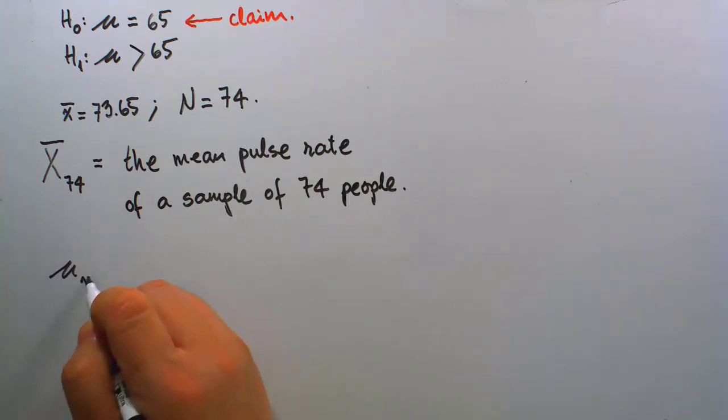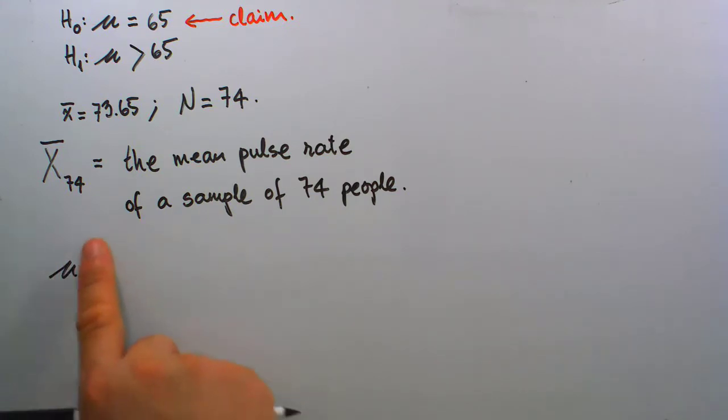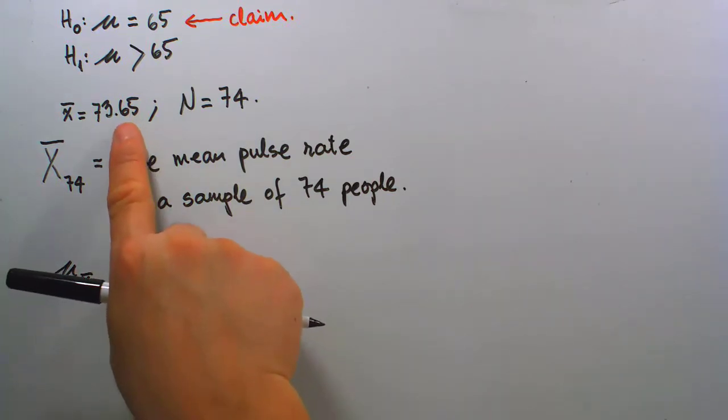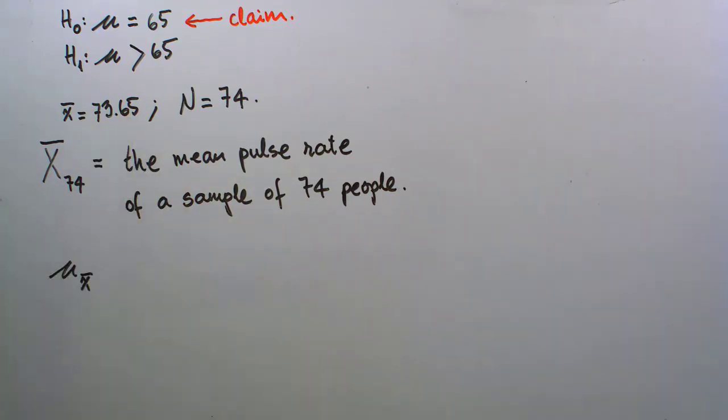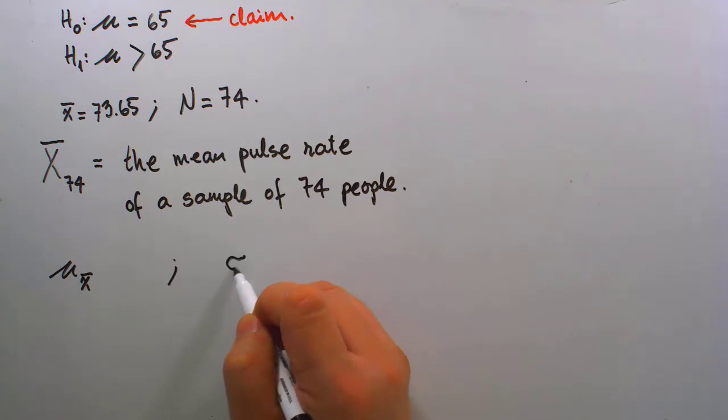Then we can find the mu X bar, which represents the population mean of all sample means, or in other words, the center of all sample mean values. This is the average of all sample mean values, in which our sample mean is one among them. And in that way, from this center of all sample mean values, the average spreading can also be found.